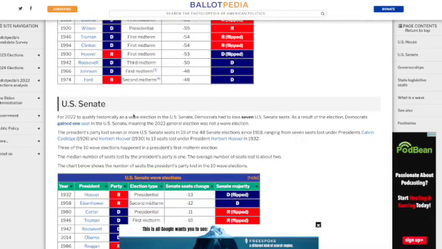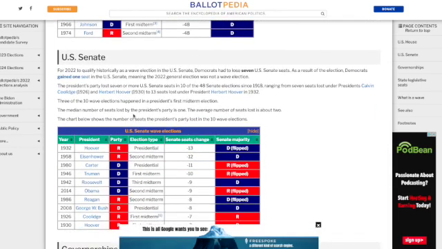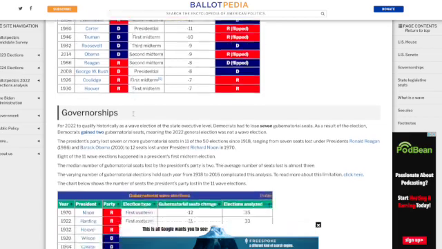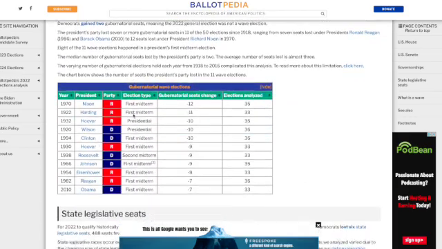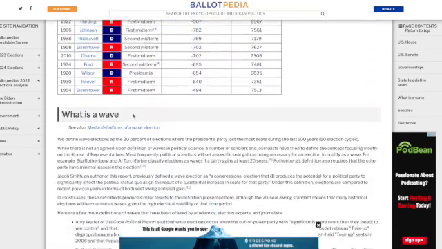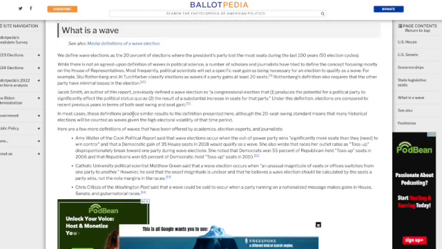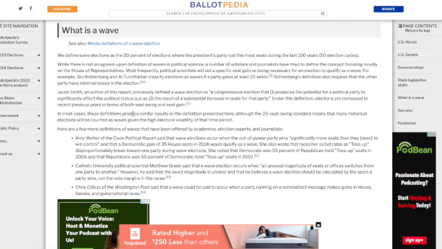So they give you the historical information on the federal, state, and local levels. They'll even define what exactly a wave is, and there is a definitive definition of how many wins it takes to be considered a wave election year.